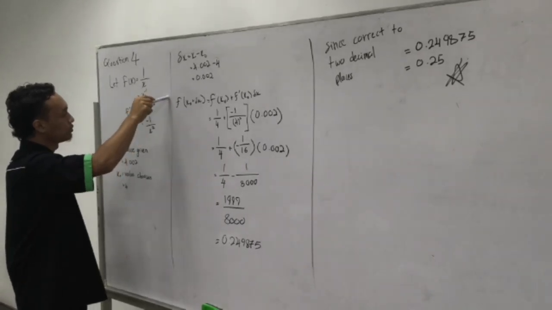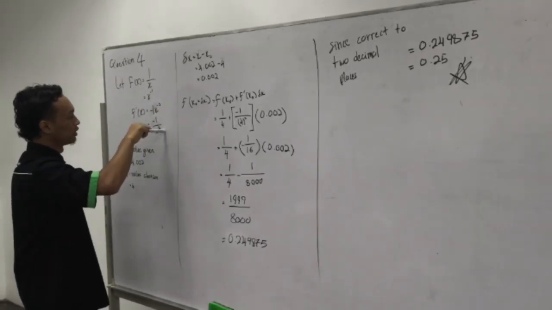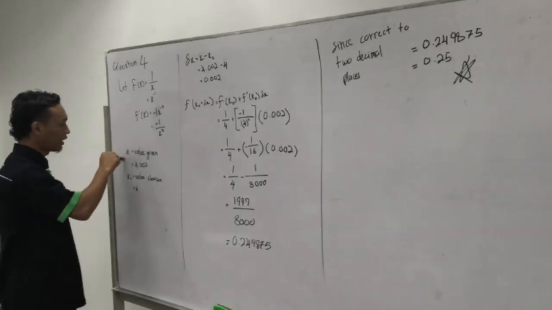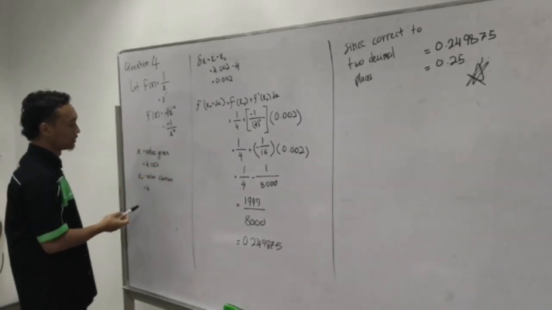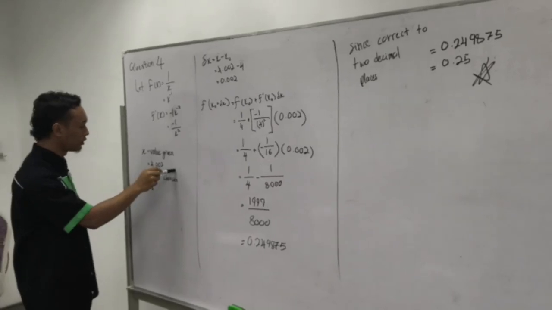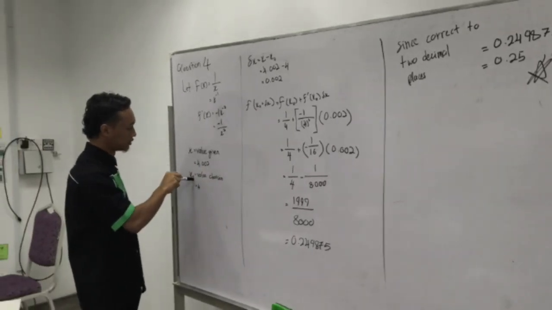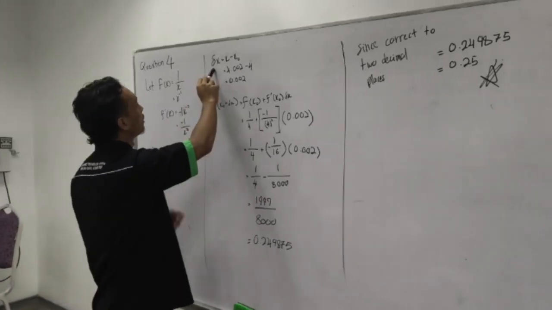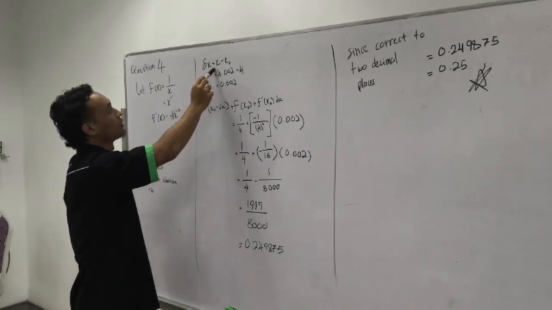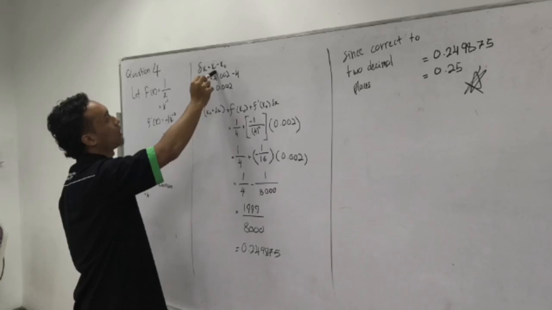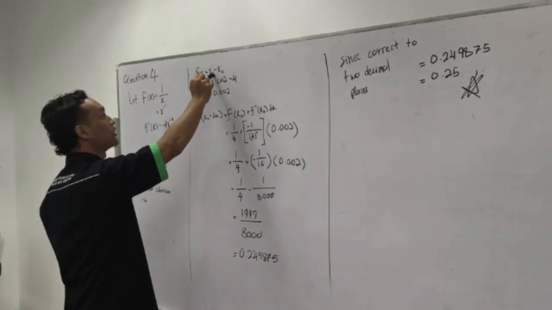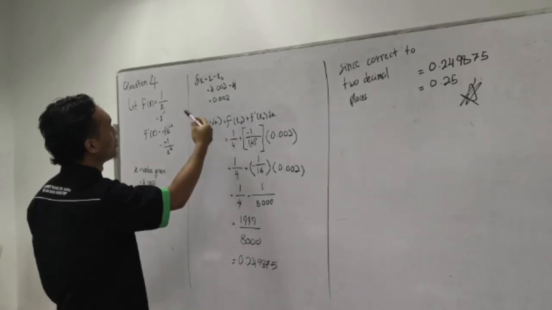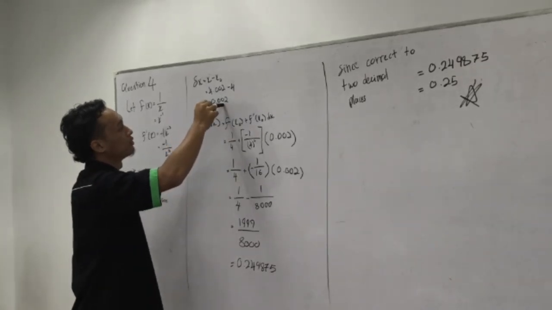It becomes minus 1 times x to the power of minus 2, and then we bring x to the denominator, and x is the value given, which is 4.002, and then x0 is the value chosen, which is 4. And then we search for the delta x. Delta x is x, the value given, minus the value chosen. 4.002 minus 4 equals 0.002.